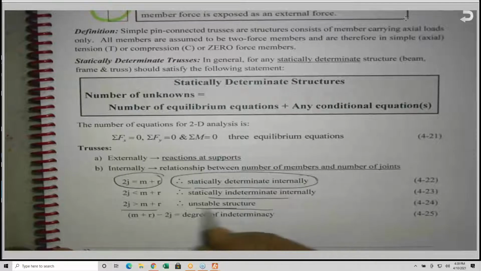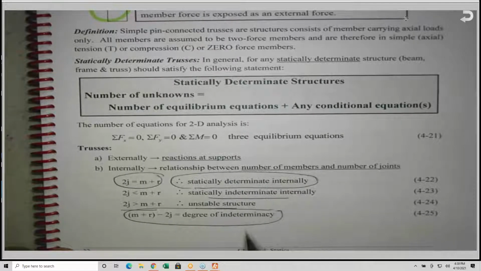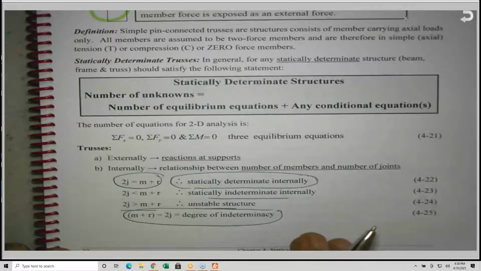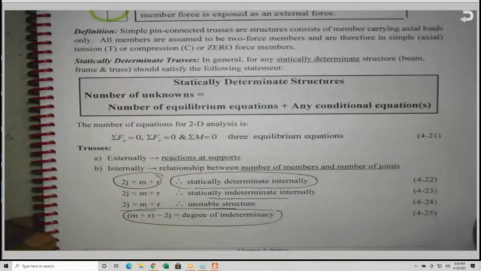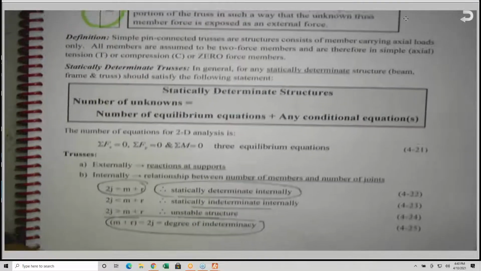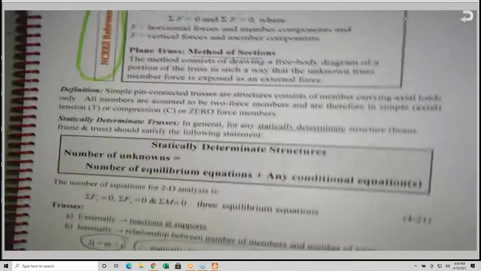The degree of indeterminacy is determined by this equation here, the difference M plus R minus 2J. So for statically determinate trusses, we need to know how to determine the forces.